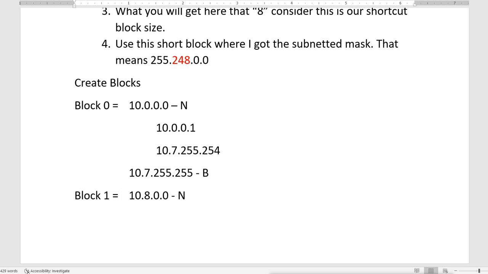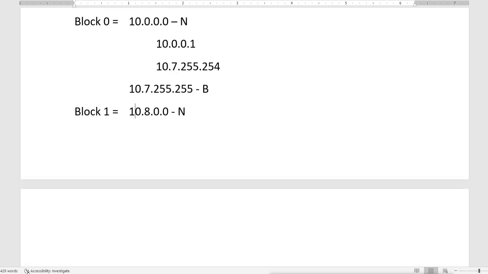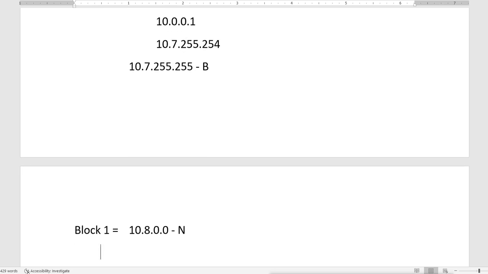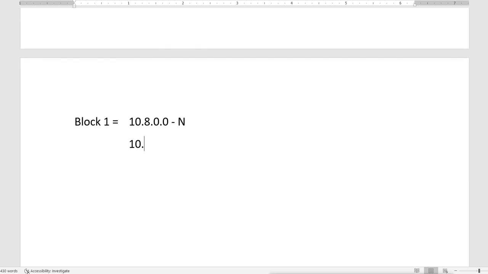And when this next block goes up to 10 dot, now you will add 8 more here. So from 8 you will add 8, it becomes 16, but because we started from 0, it will go up to 15, and these two numbers will become 255.